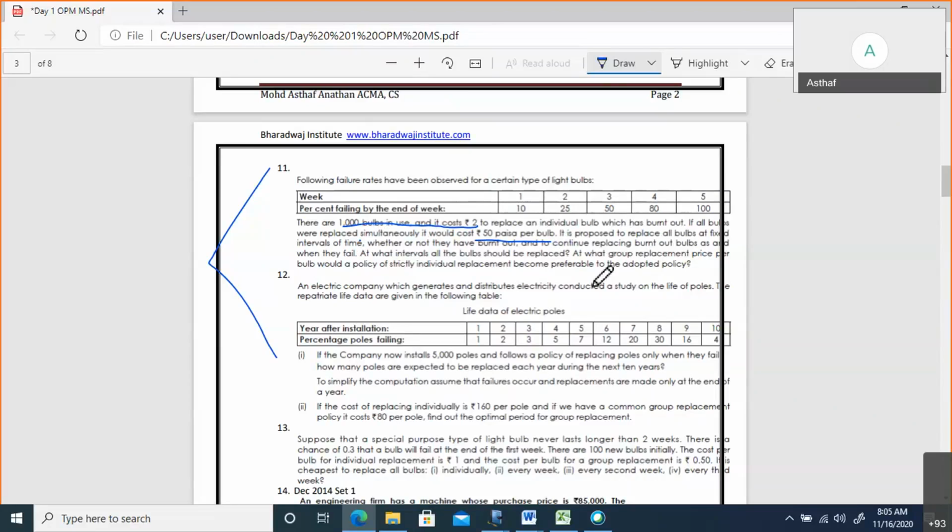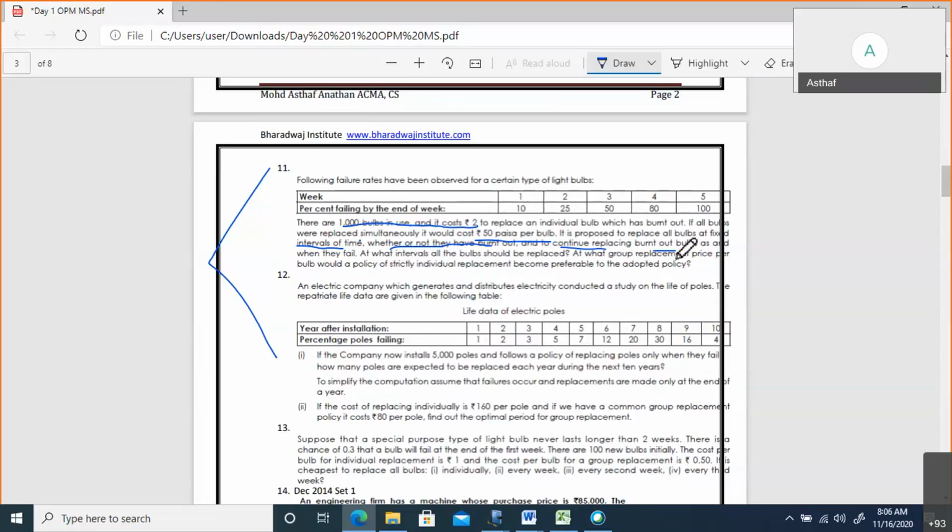It is proposed to replace all bulbs at a fixed interval of time, whether or not they have burned out, and to continue to replace burned-out bulbs as and when they fail.